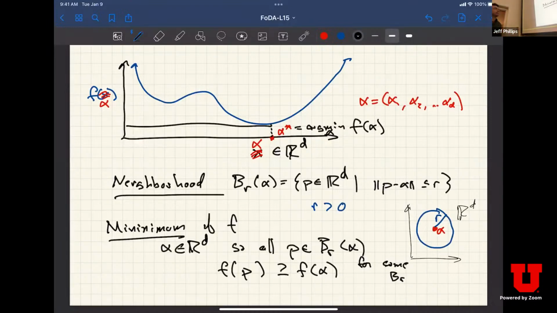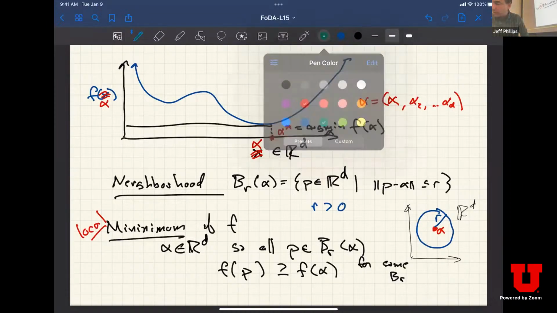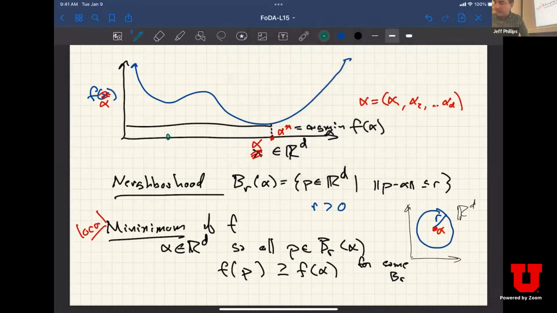So typically, if I restrict to this, it would sometimes be called a local minimum. And this would work, for instance, in this example here. If I looked at this alpha here, then I go up here and I can define some neighborhood around it, right?